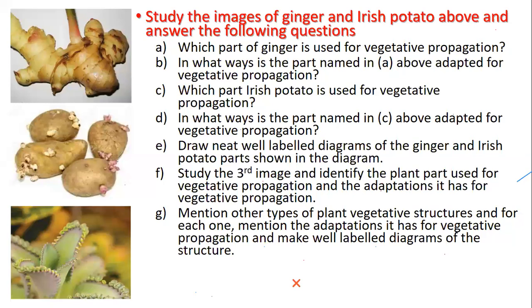Leaves. It says the leaves, okay? It has buds. It has leaves. Okay. Has leaves. Can we now have the adaptations?